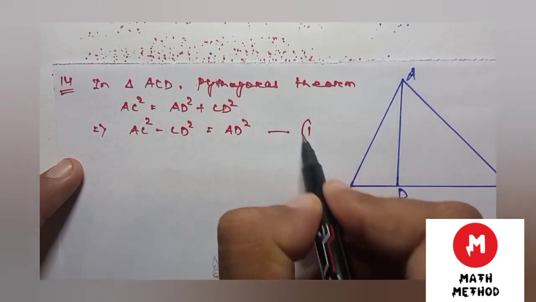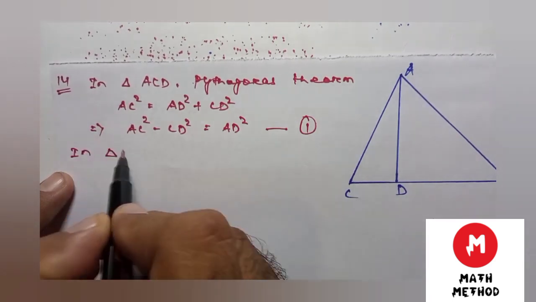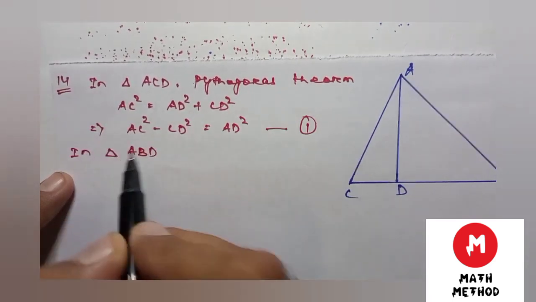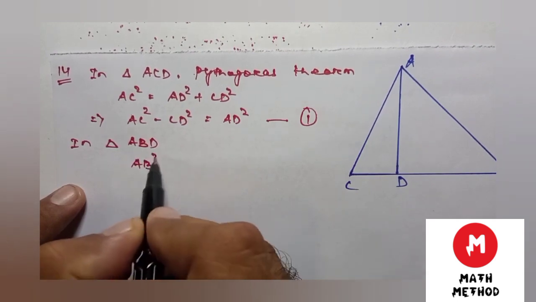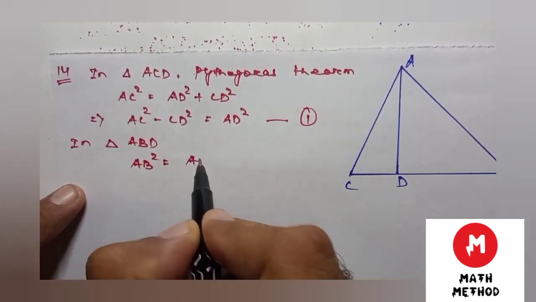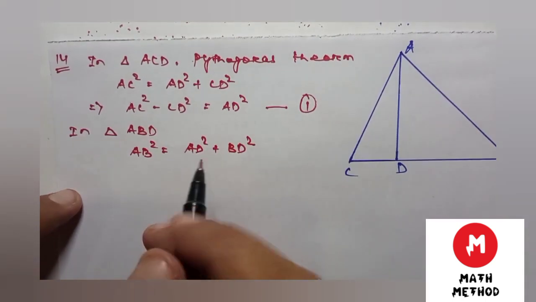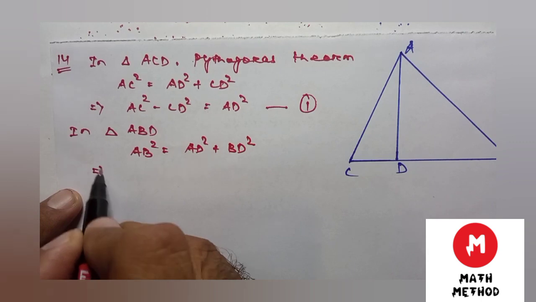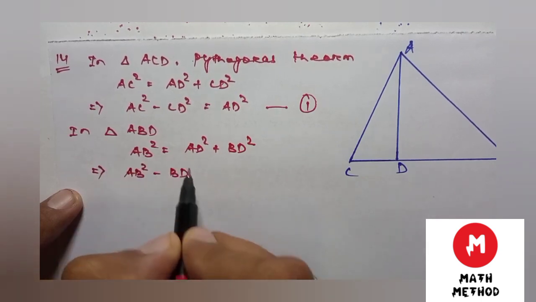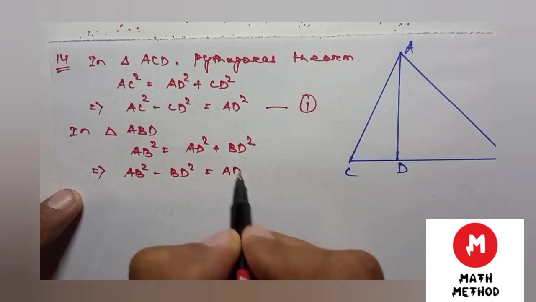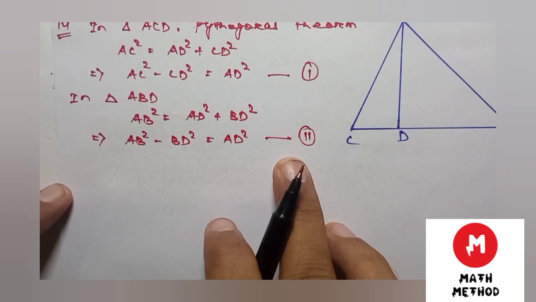This is my equation number 1. Similarly in triangle ABD, we will find that AB square is equal to AD square plus BD square. Again transposing BD square, AB square minus BD square is equal to AD square. This is our equation number 2.